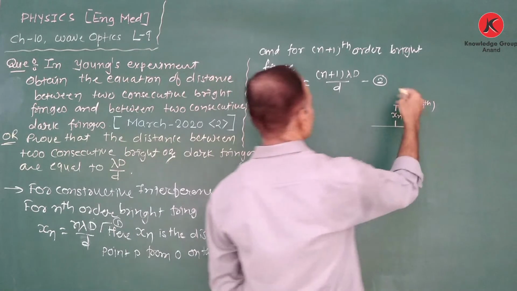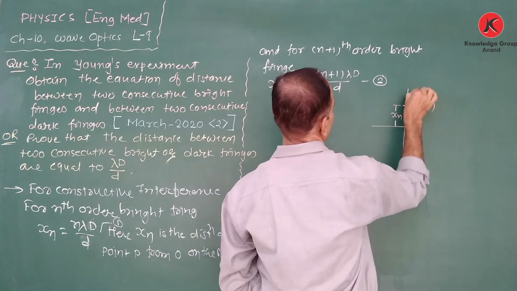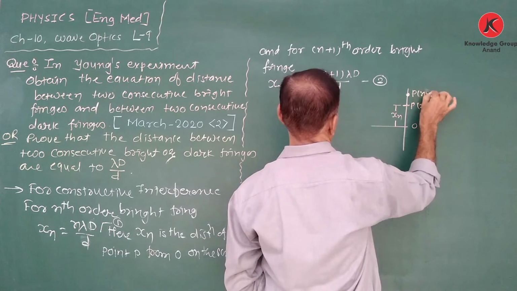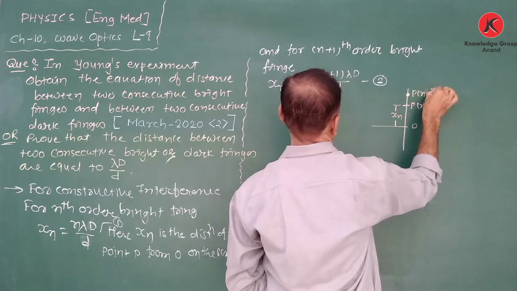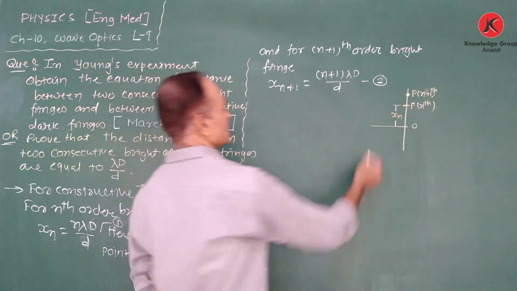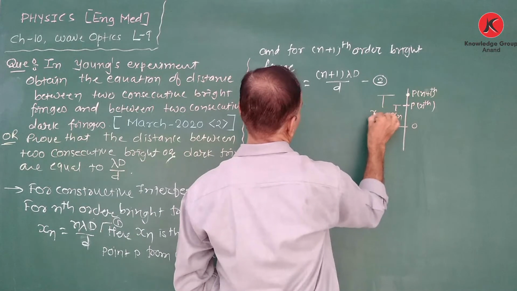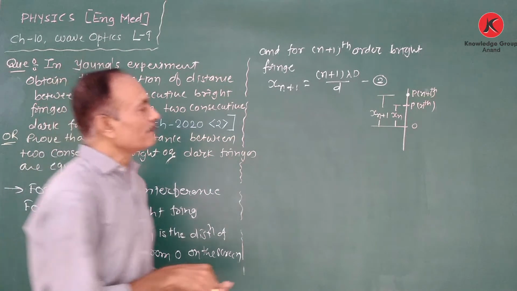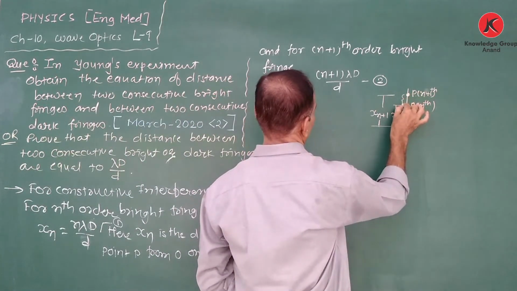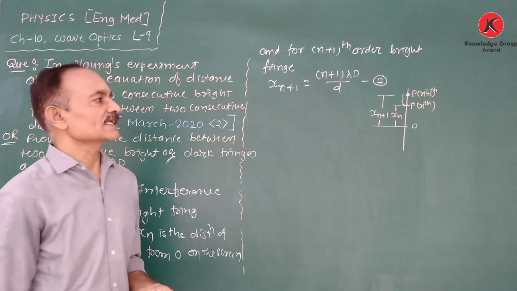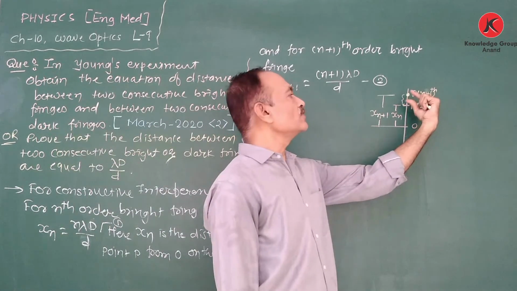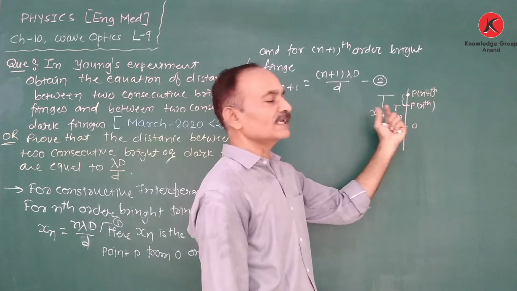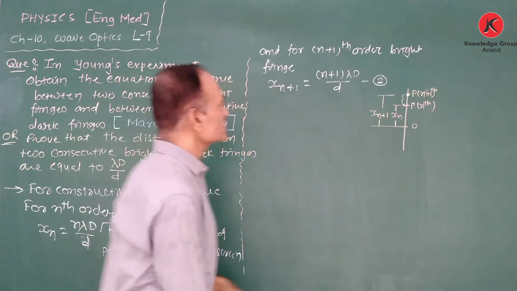And now the next consecutive bright fringe, the n plus 1 order bright fringe, is obtained at a point whose distance from O is xn plus 1. Let's find the distance between these 2 points, that is the distance between two consecutive bright fringes. These 2 points are located at xn and xn plus 1 distance from O on the screen.